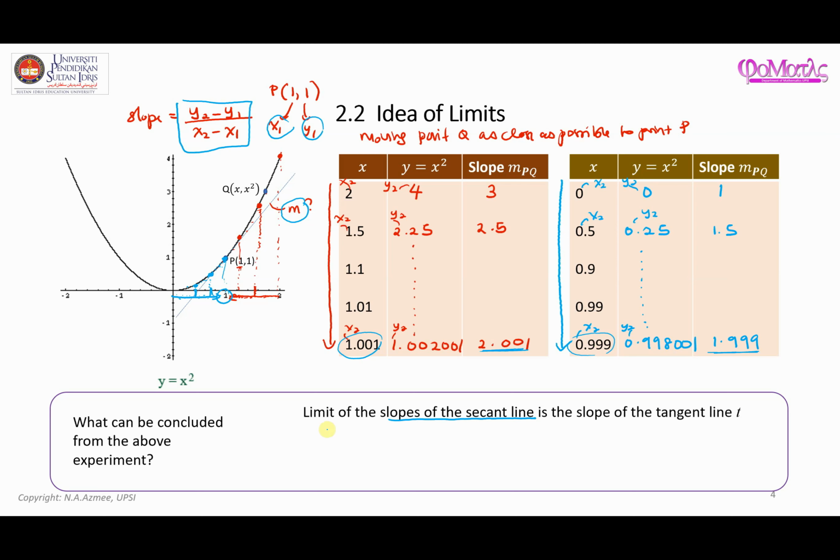And there is the limit here because the value of x gets closer and closer to the value of 1. So that's the idea of limit, that's where the limit comes from. The limit of the slopes of the secant line is the slope of the tangent line T, because we have shown in the previous slide that when the point Q gets closer and closer to P, the slope of the secant line approaches the slope of the tangent line.